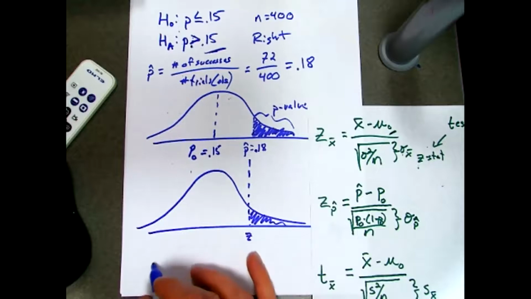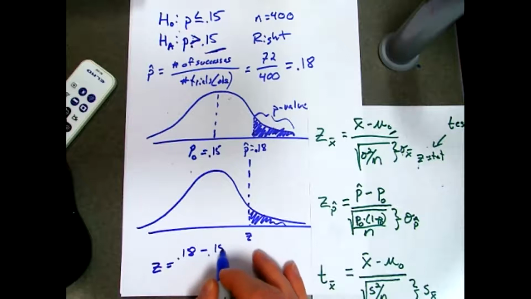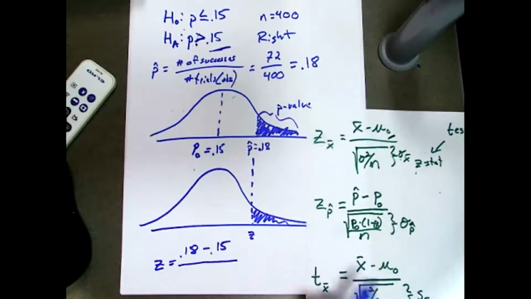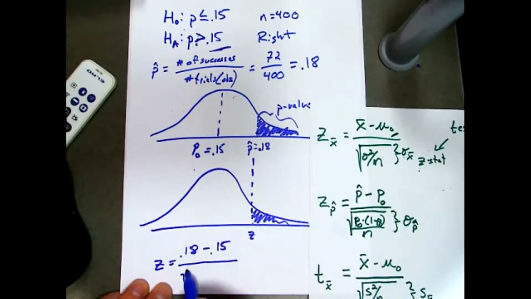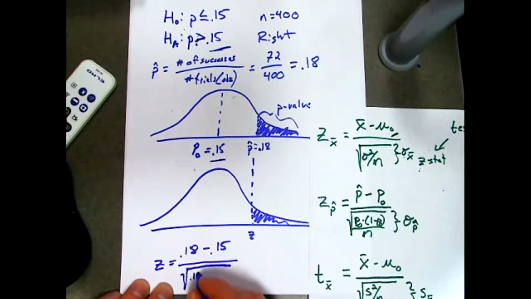So my sample proportion is what? 0.18 minus that assumed true proportion of 0.15, divided by, let's see if I can get this to stay here while I write, the square root of the assumed true proportion times 1 minus the assumed true proportion, over my sample size, which represents that standard deviation of my sample proportions. So here my assumed true proportion is 0.15, and my sample size was 400.